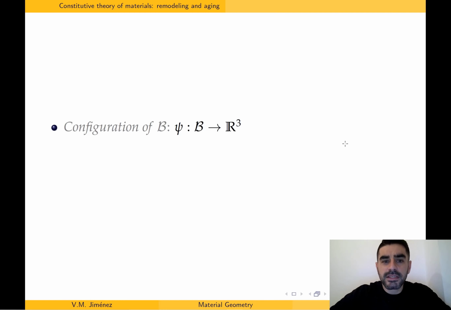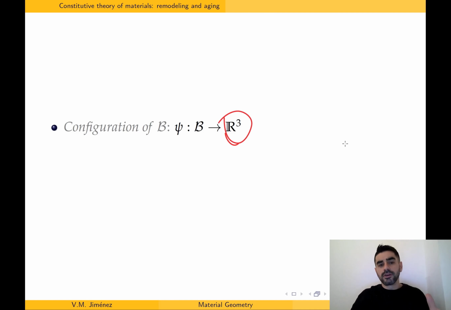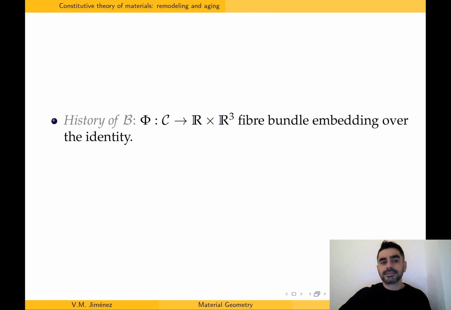A configuration is just a way of embedding the body into the real space, which for us is R3. So a configuration will be an embedding from B to R3. Then a history of the body will be a fiber bundle embedding over the identity from the body time manifold to R times R3, presented as a fiber bundle, which is the projection on the first component.